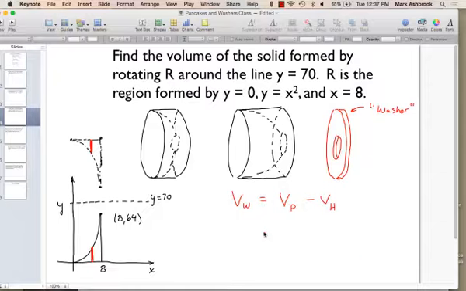Those are both themselves pancakes, right? The whole thing is a pancake. That hole is the shape of a pancake.